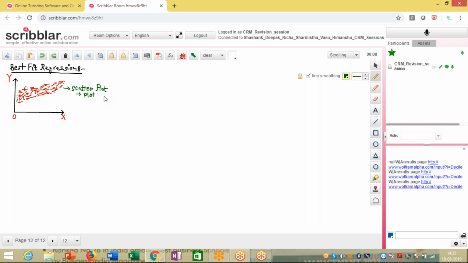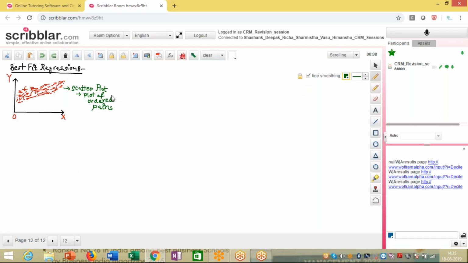So every x and y coordinate, you plot it, and this plane is called a Cartesian plane. So this is a plot of the ordered pairs.